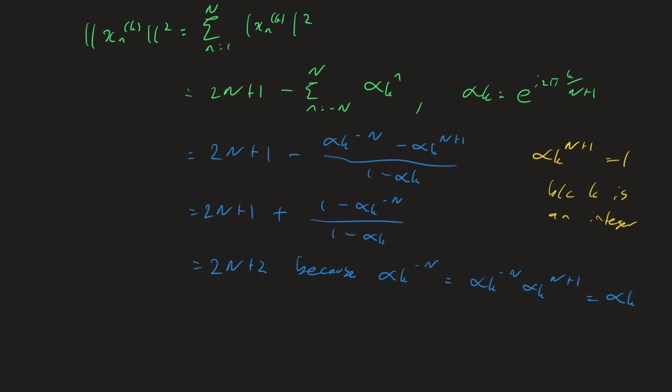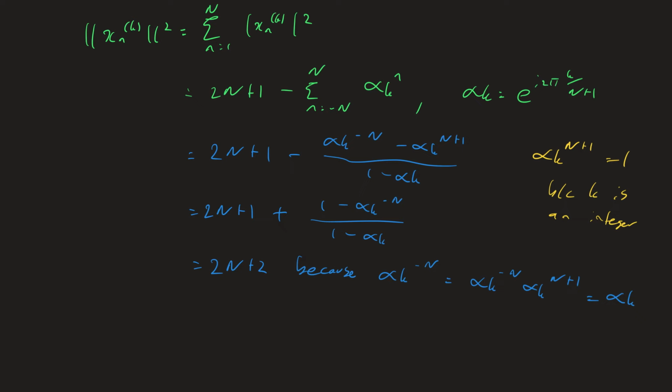From the previous page, we know that we can evaluate this summation here. This summation is given by this expression here. So we simply need to substitute in our specific value for alpha k into the expression here. Now alpha k, due to its form, has the property that alpha k to the power of big N plus 1 is equal to 1.